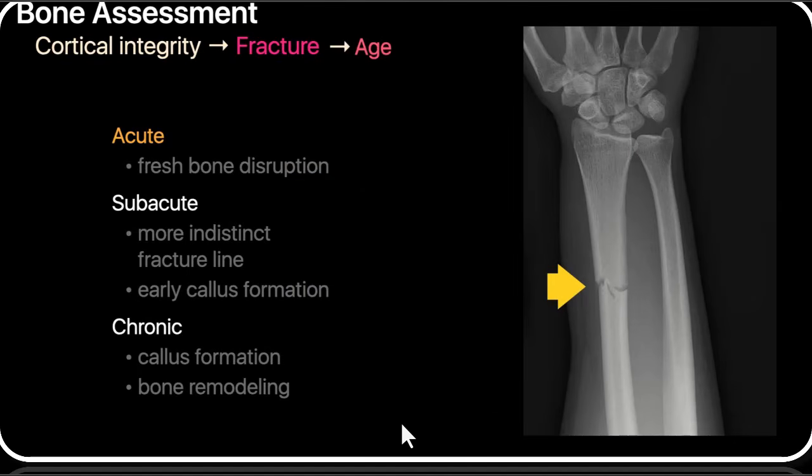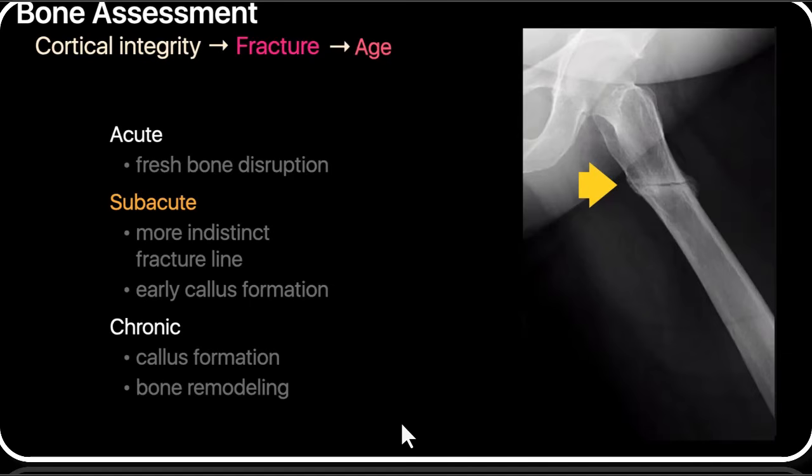With an acute fracture, the bone disruption will appear fresh, with sharp edges along the break and no callus bridging the fracture plane. With a subacute fracture, typically a few weeks to a few months old, the lucent fracture line will still be visible, but around 1 to 2 centimeters of bone resorption has now occurred along both sides of the fracture, resulting in a fracture line that appears more indistinct.